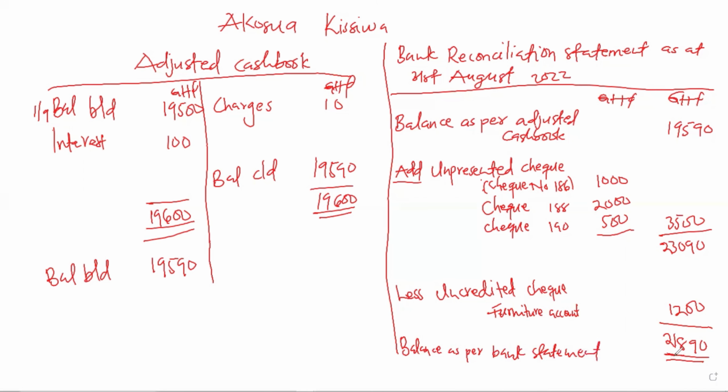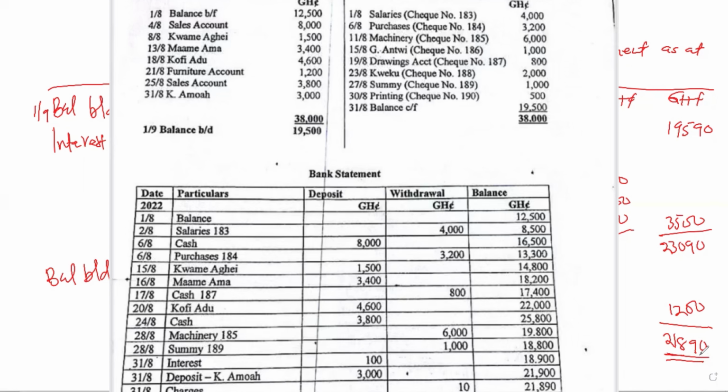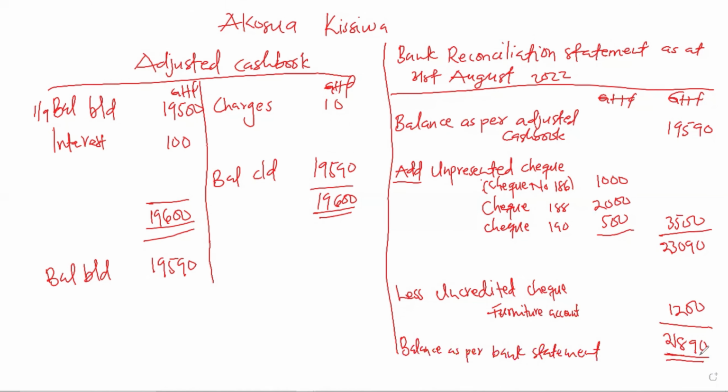When you look at the bank statement, on the balance column you realize 21,890 is the last figure. So that is the balance as per bank statement. When you solve this question, the balance that you get should be the same as in the question. If it is not the same, then probably there is a mistake somewhere which you need to look for and rectify.